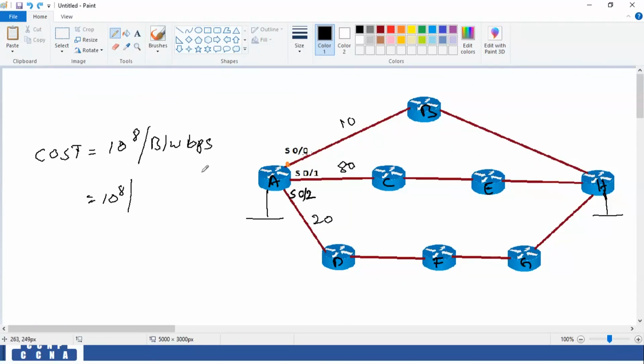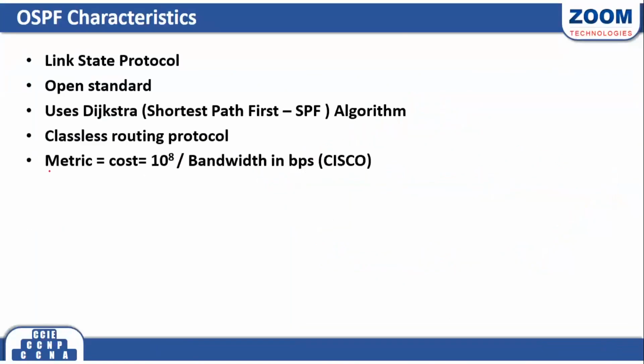Cost is 10 power 8 by bandwidth. If it's 10 Mbps, if you do the calculation, we'll get some value. So this value we call what? Cost. So based upon cost, OSPF will find the best path. Ultimately, cost is nothing but what? Bandwidth only actually. Yes, the metric of OSPF is cost. 10 power 8 by bandwidth in bits per second is only for Cisco.